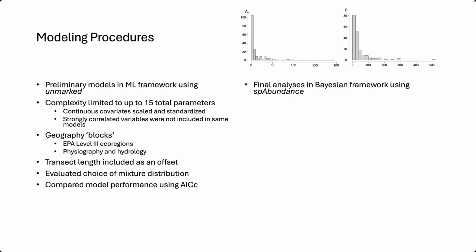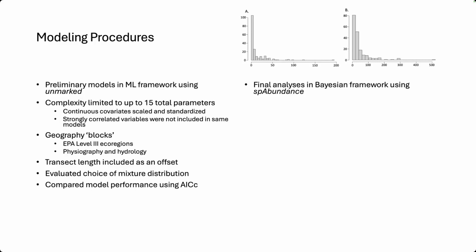Anytime we increased this K, we would increase our abundance estimates. So it was unstable.